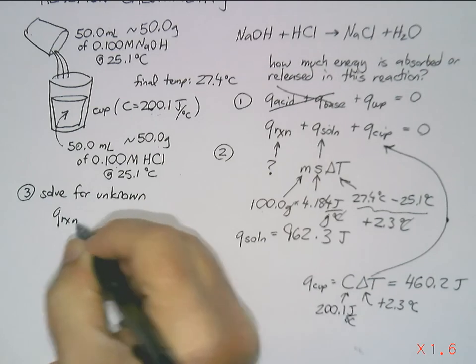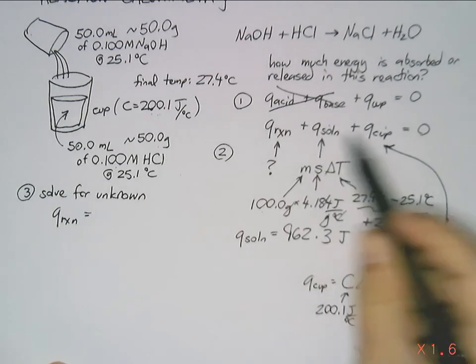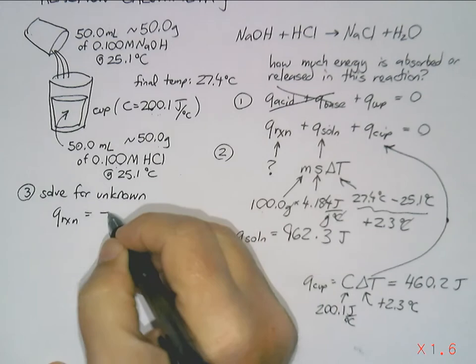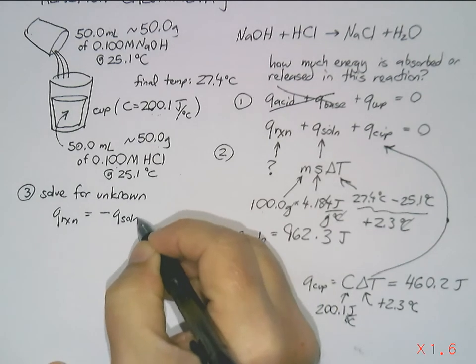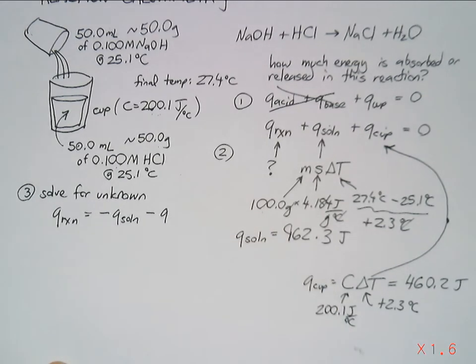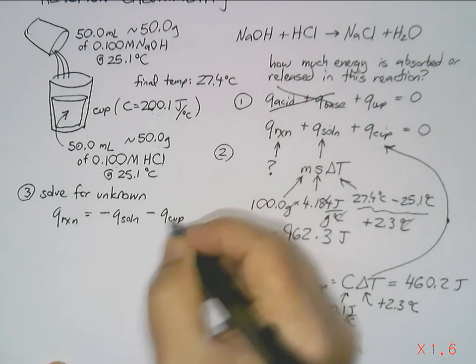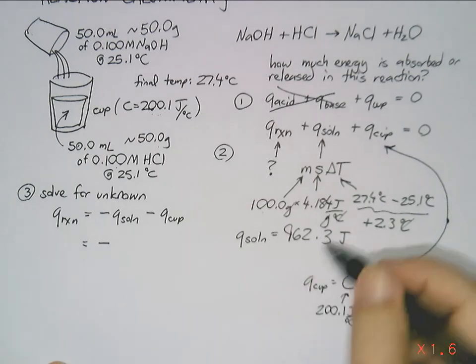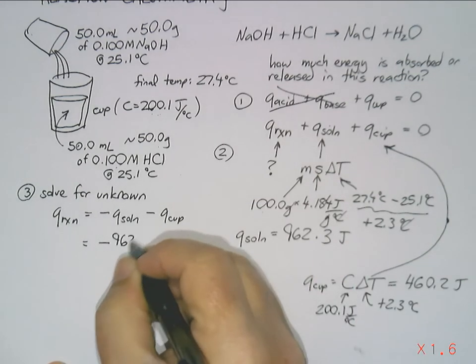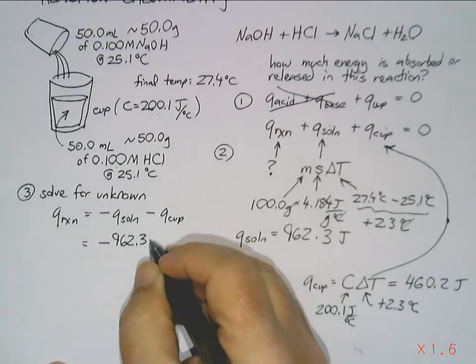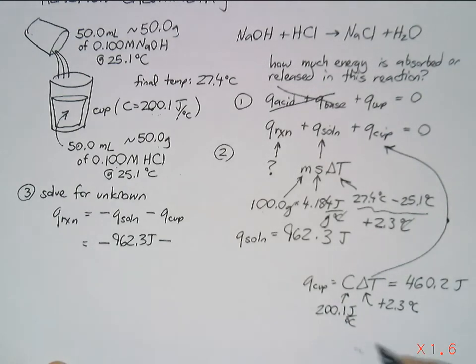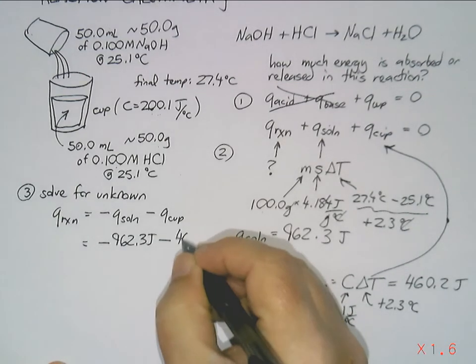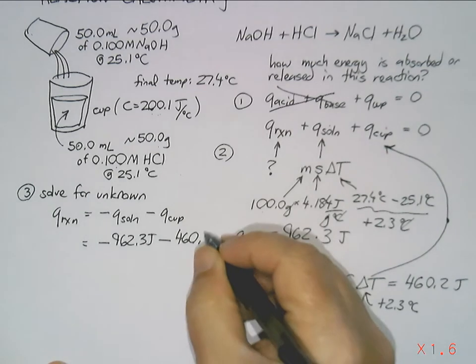Q reaction is going to be minus Q solution minus Q cup, which we've just determined is going to be minus 962.3 minus 460.2.